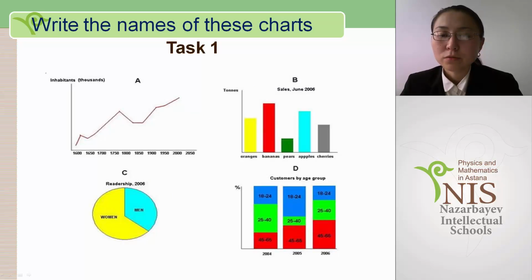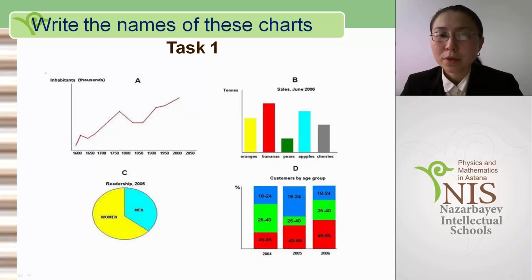Can you write the names of the charts that are shown on this picture? A, B, C, and D. They are all different charts, but all of them could be used in IELTS task 1. That's great answers.